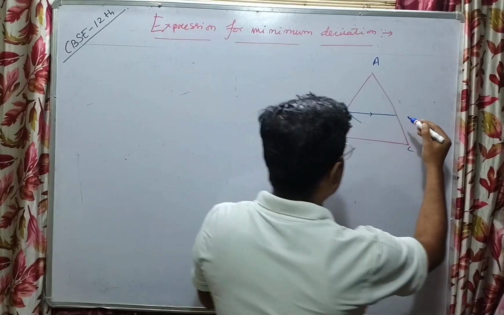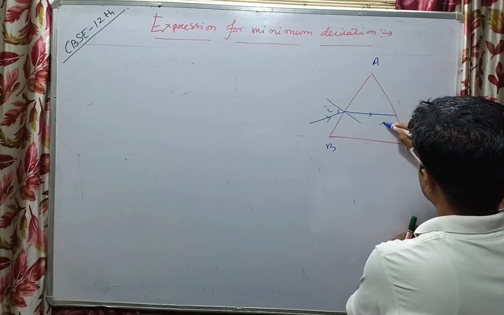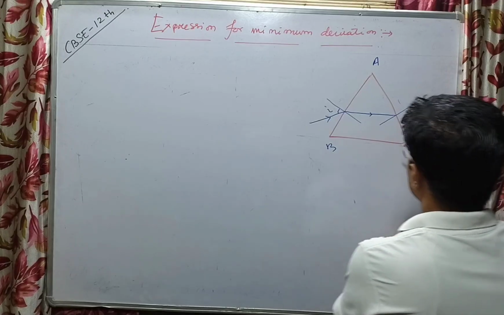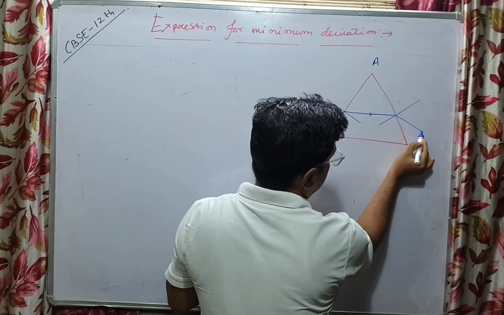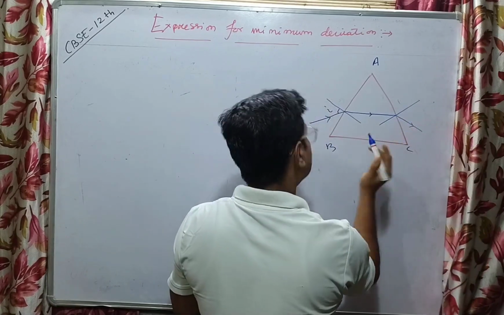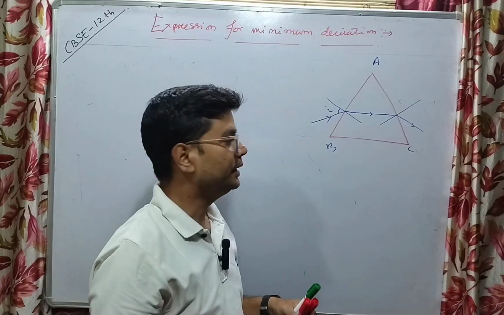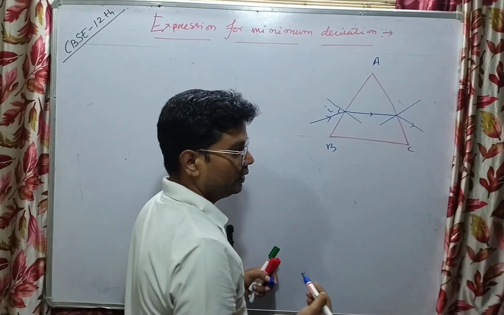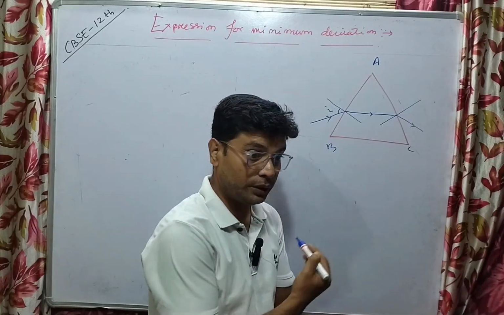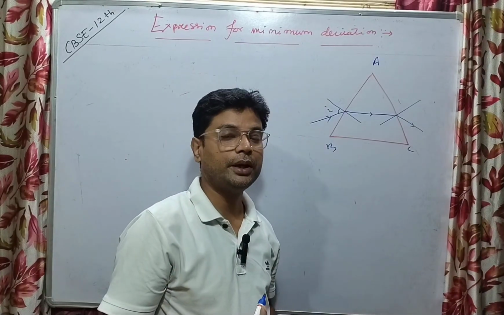Now again, here is another normal at this point, and this ray will deviate away from the normal. We have discussed all these things in the previous class. Today's discussion will be about the minimum deviation of the angle.